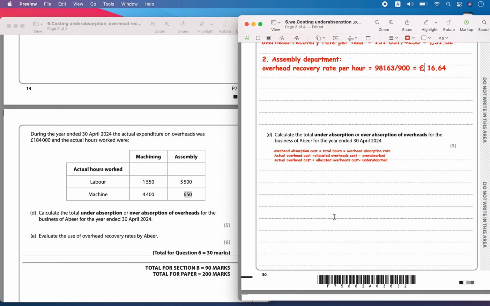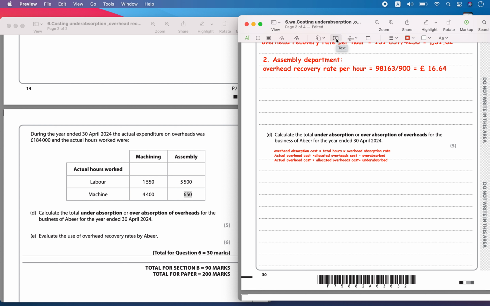The actual expenditure on overheads was 184,000. So let's calculate whether it had become under absorbed or over absorbed.